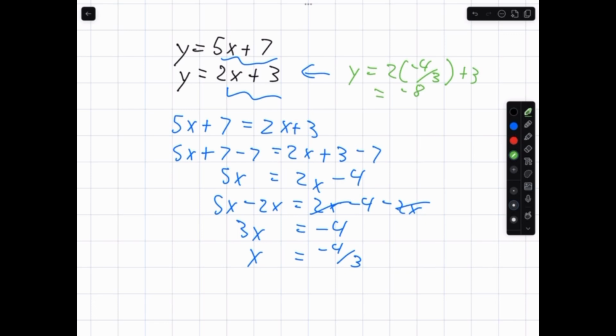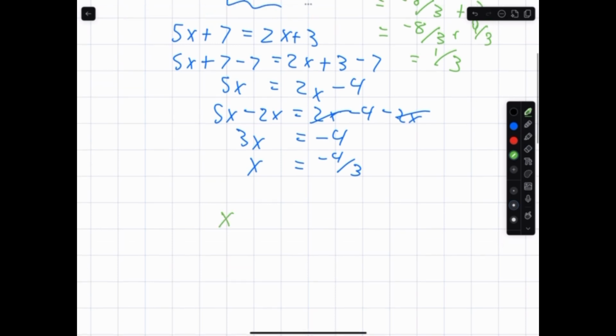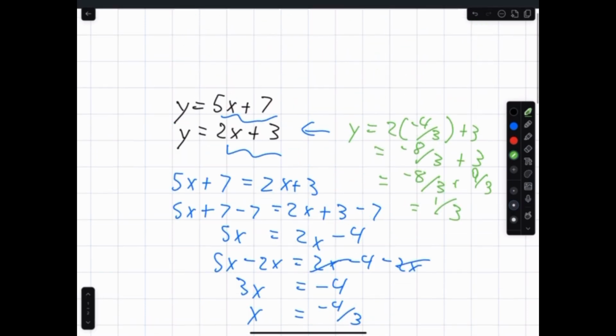This equals negative 8 over 3 plus 3, which is negative 8 over 3 plus 9 over 3, and this gives me 1 over 3. So the system of equations works when x is equal to negative 4 over 3 and y is equal to 1 over 3.